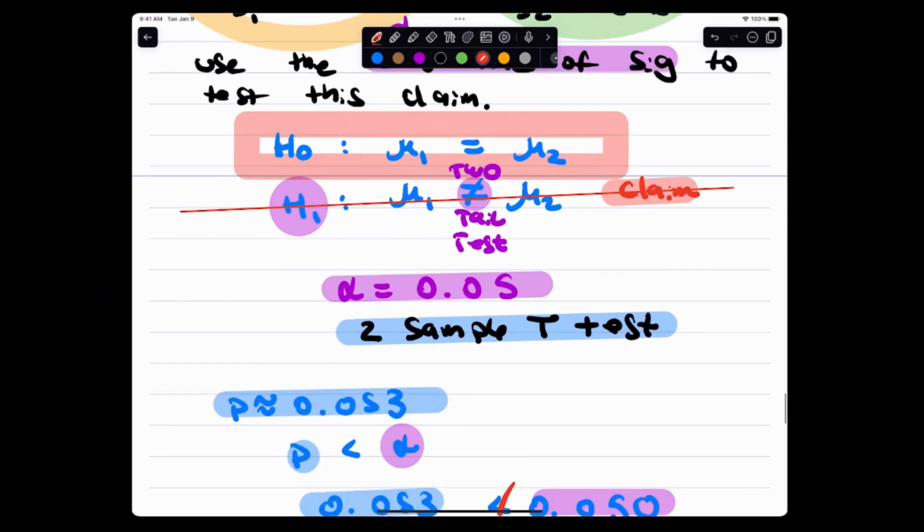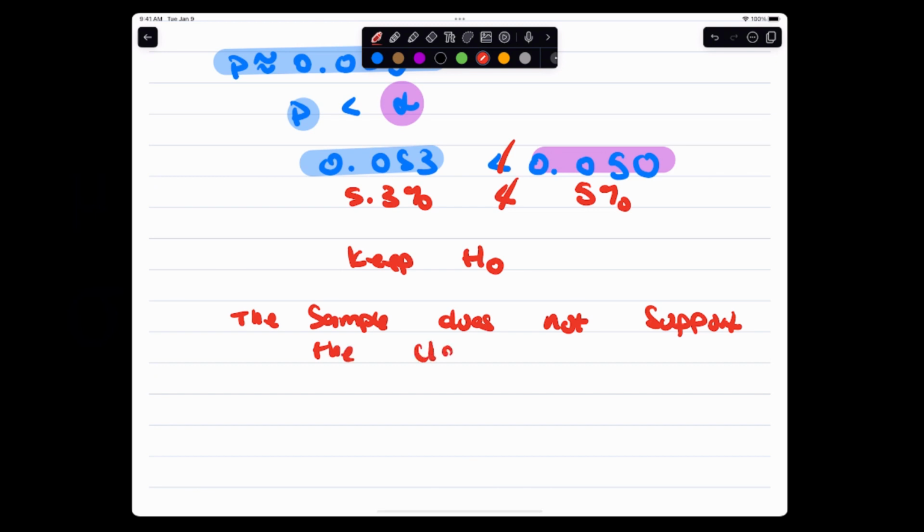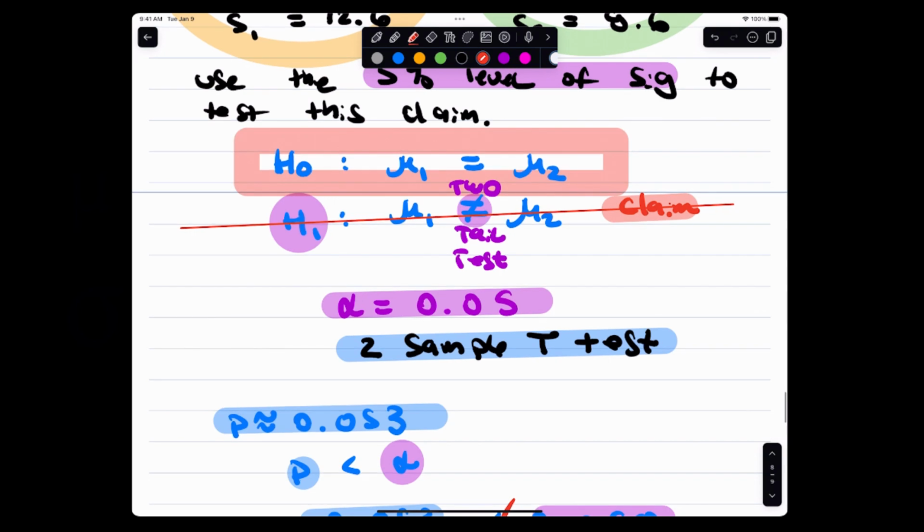What is that saying? The sample does not support the claim. Why does that sample not support the claim, ladies and gentlemen? Do you guys know why it doesn't support the claim? Because we crossed it out.